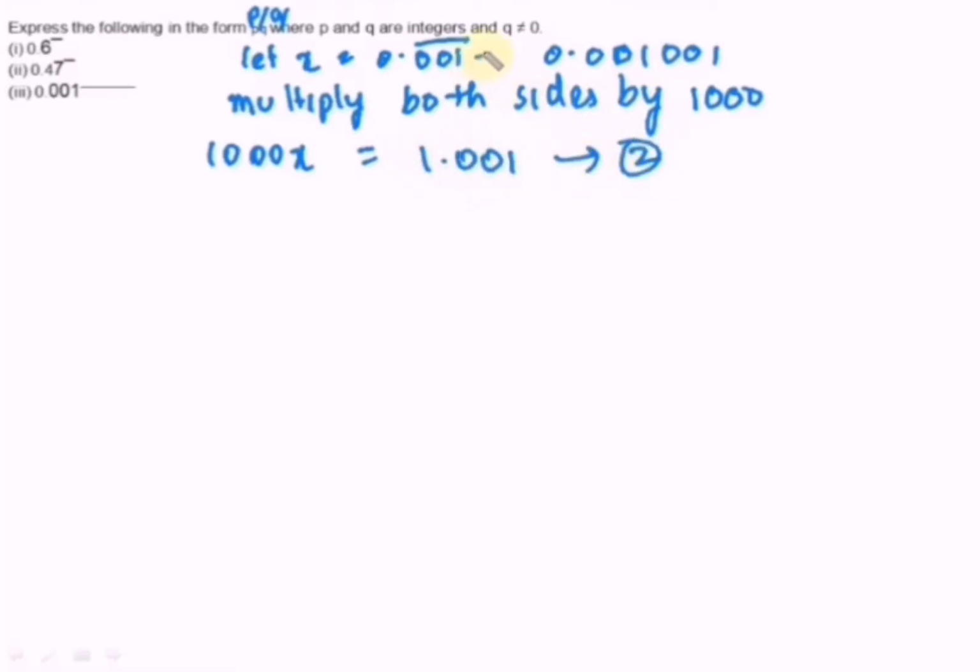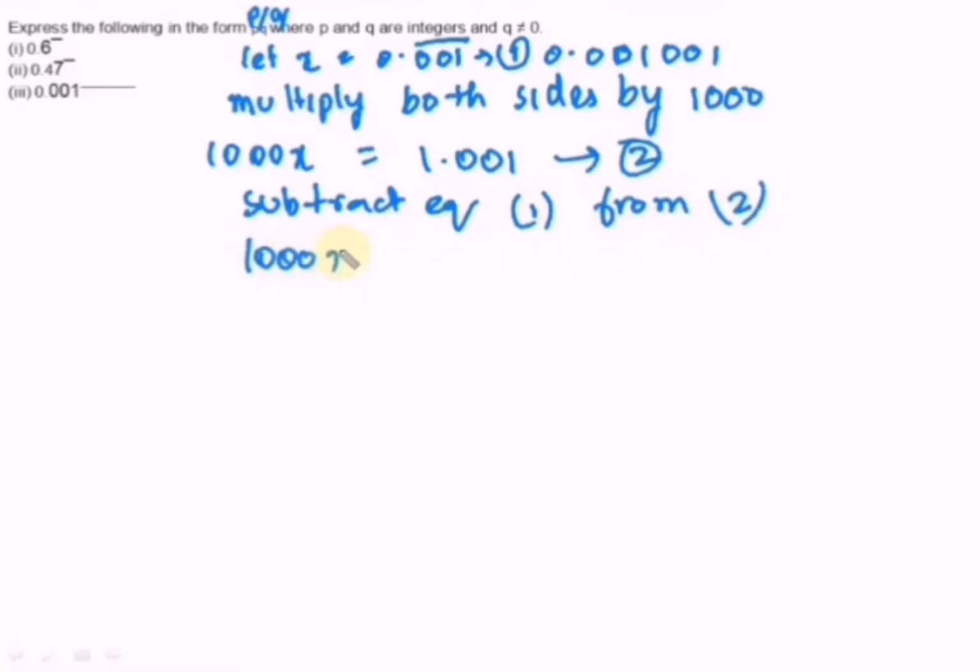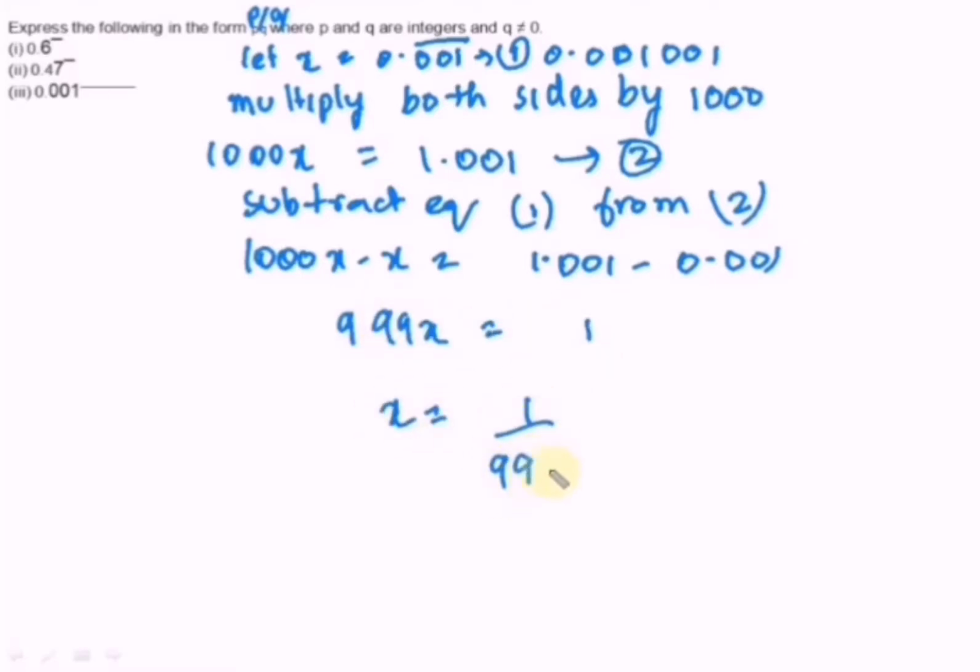This is equation 2, this is equation 1. So subtract equation 1 from 2. 1000x minus x will give you 1.001 minus 0.001. So 999x will give you 1. X is 1 by 999. So 0.001, the P by Q form is 1 by 999.